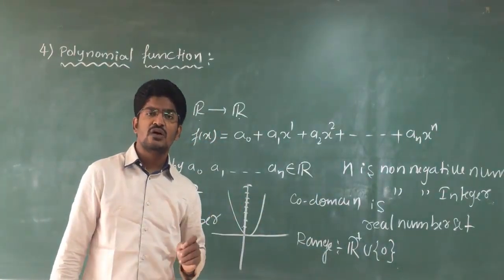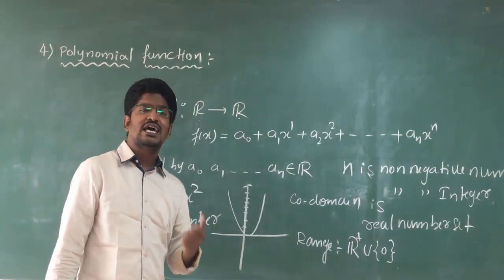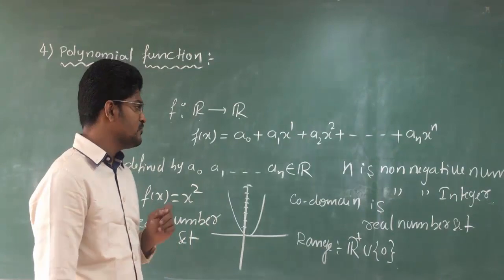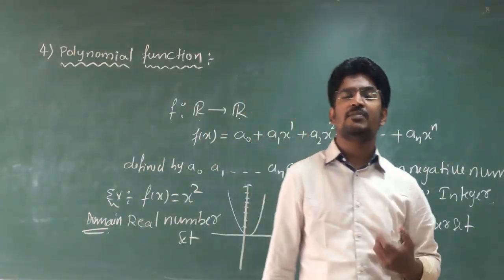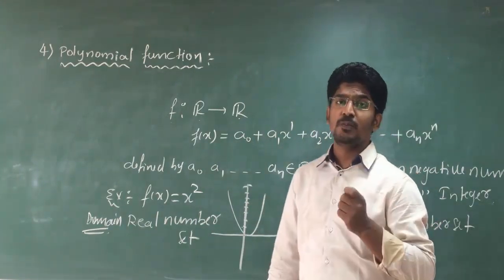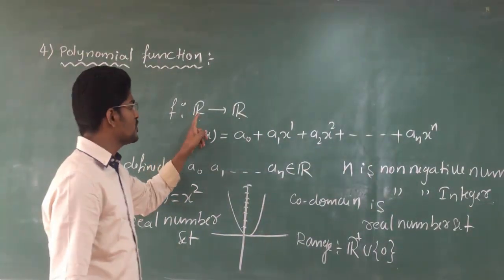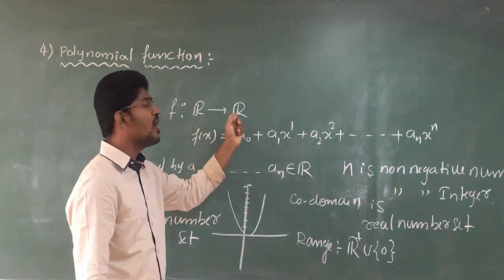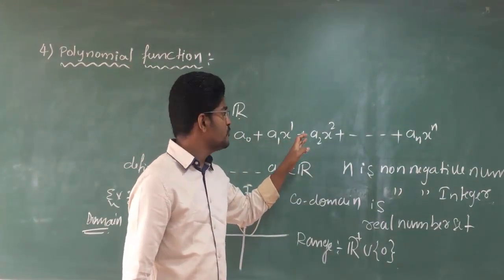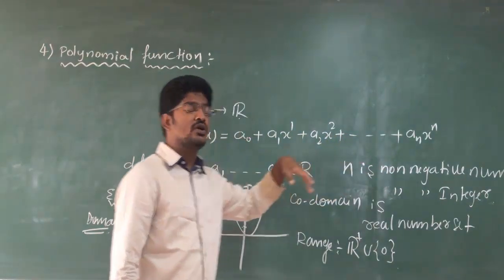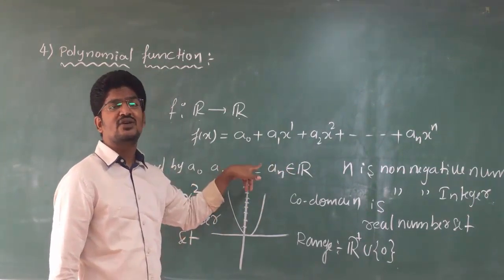Clear? So let us look at one more example for the polynomial function, then it will be very clear. But before going to the next example of a polynomial function, please remember, if they ask you to define the polynomial function, you have to write: let f be a function from R to R, defined by f of x equal to a0 plus a1 x to the power of 1, plus a2 x square, plus so on up to an x to the power of n, and a0, a1 and so on to an belong to R. This is very essential.